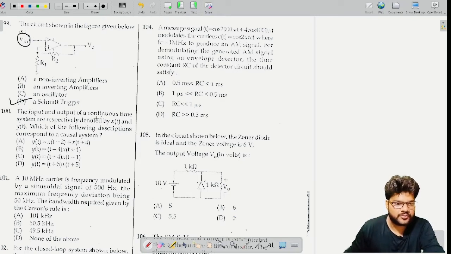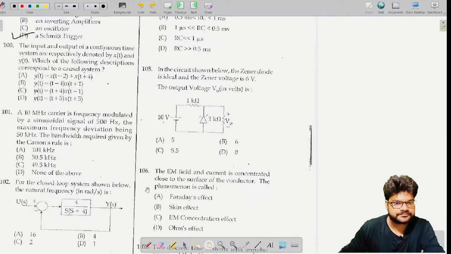The input and output of a continuous time system are respectively denoted by x(t) and y(t). Which of the following descriptions corresponds to a causal system? We know for a causal system, the output should depend only on the present and the past values of input, right? So let us check this. In option A, the output is depending on a future value. How?